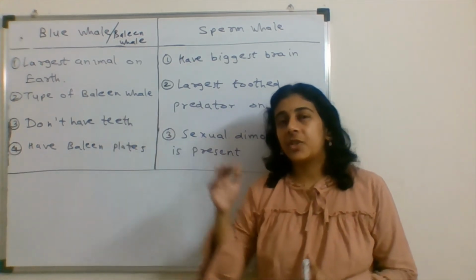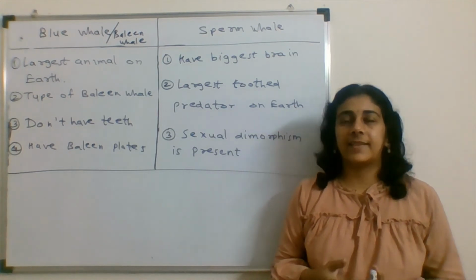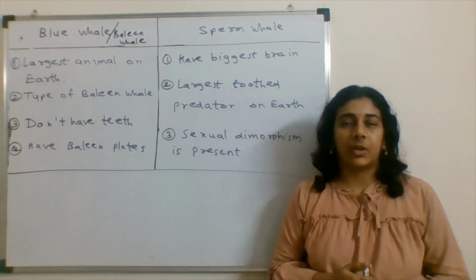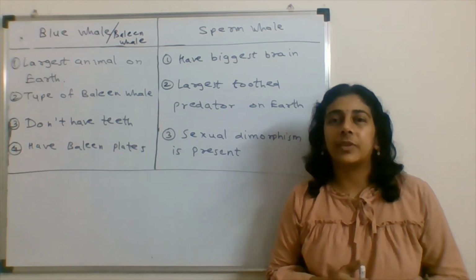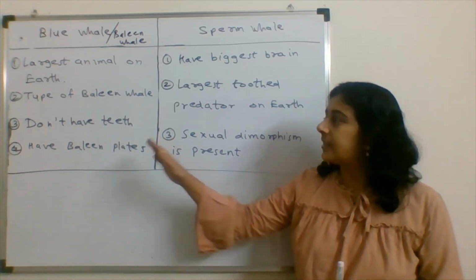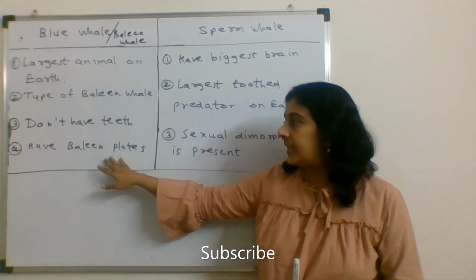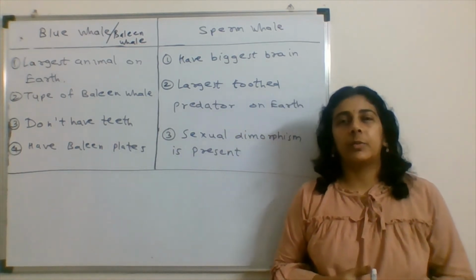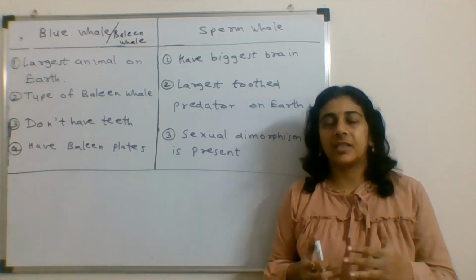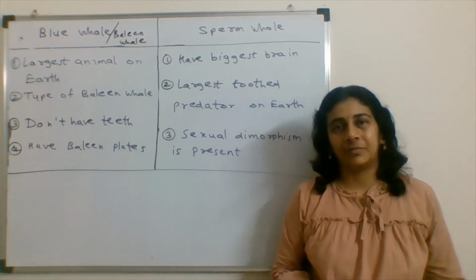The differentiating character is that it does not have teeth. It has baleen plates attached to its upper jaw, made up of the protein keratin, and useful for getting their prey. Around 130 to 150 baleen plates are there, just like a cone, present from the upper jaw.